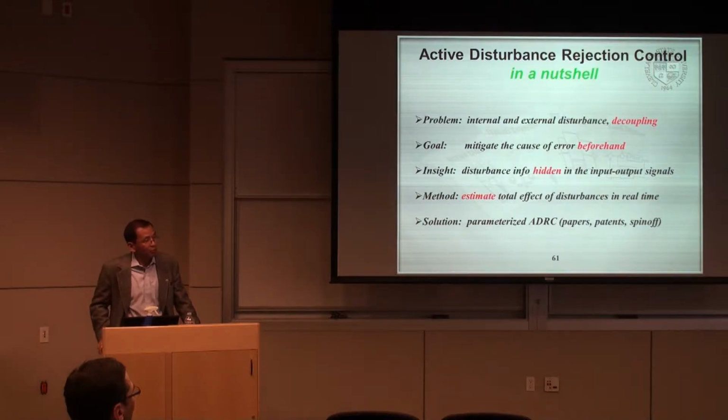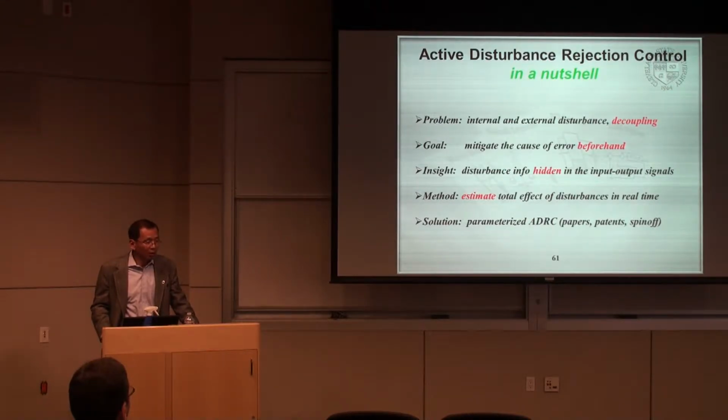What problem are we dealing with? We're dealing with internal and external disturbance. And we normally call it disturbance rejection, but that word becomes a little weak. So what we really want to achieve is decoupling. We want, ideally, the disturbance to have no impact on the output. That's our goal.